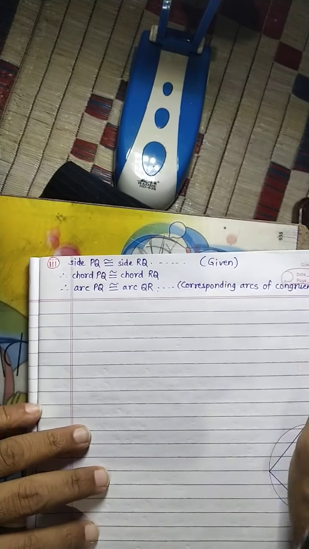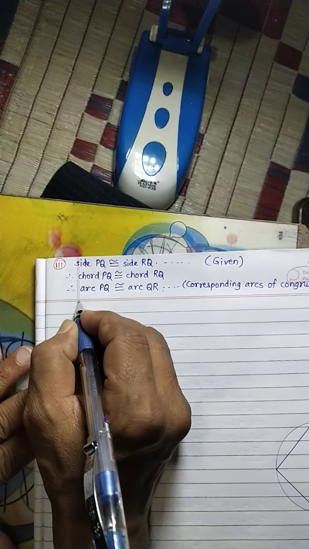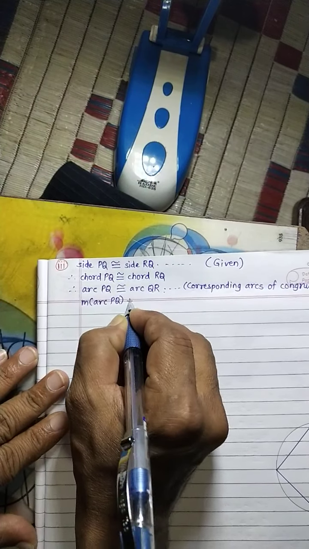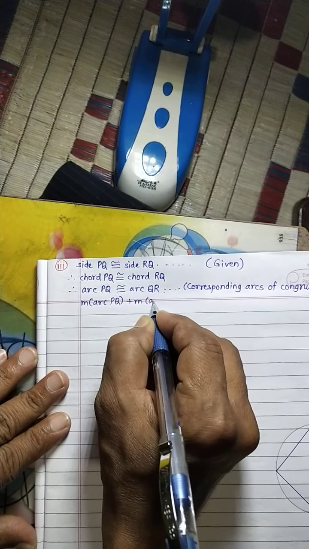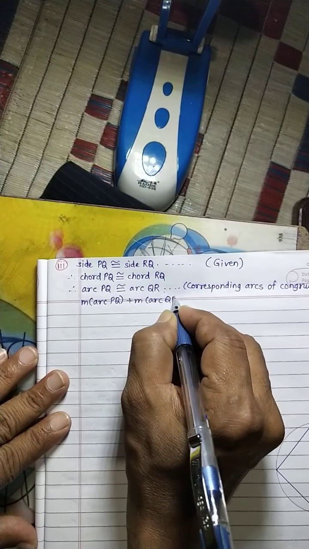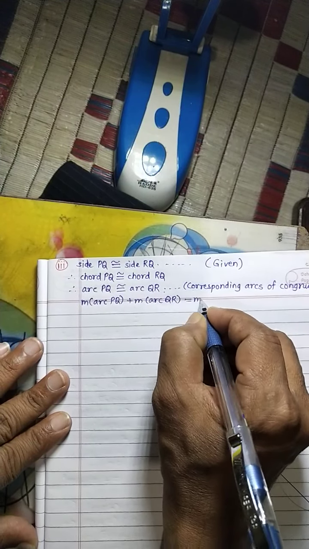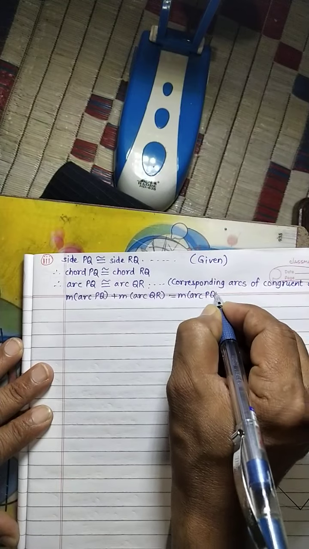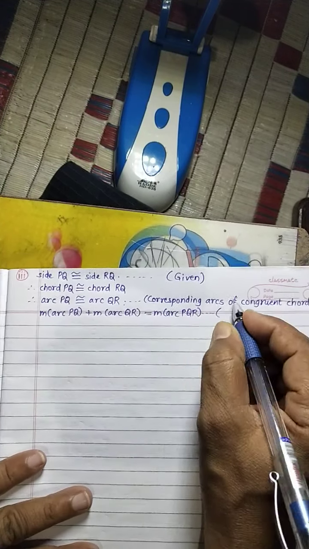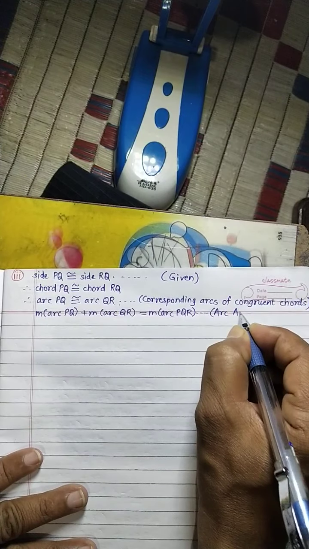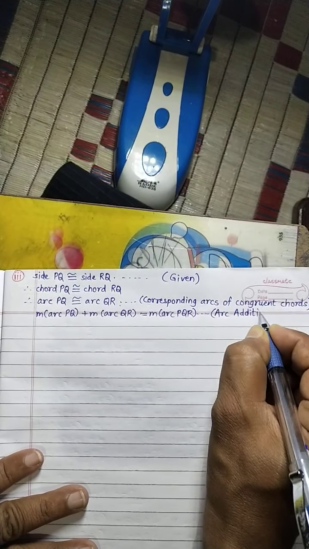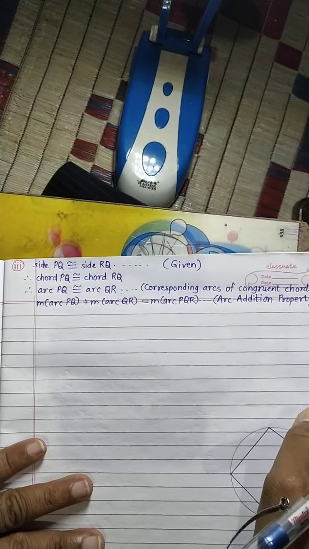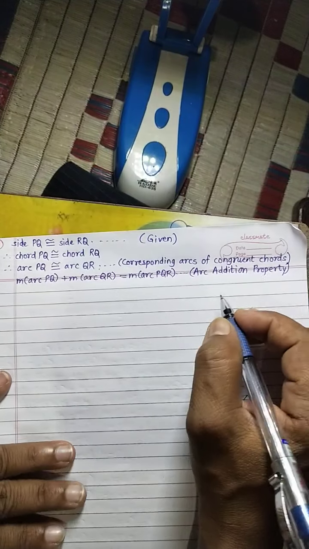Now by the arc addition property, let us see here: measure of arc PQ plus measure of arc QR is equal to measure of arc PQR, and here the reason is the arc addition property.